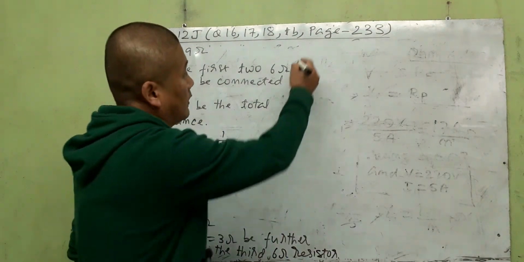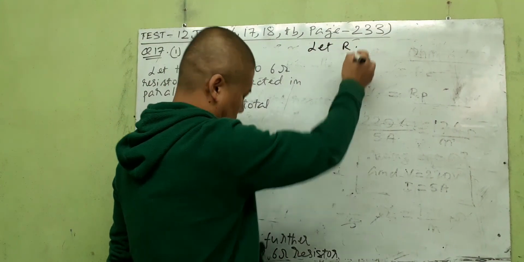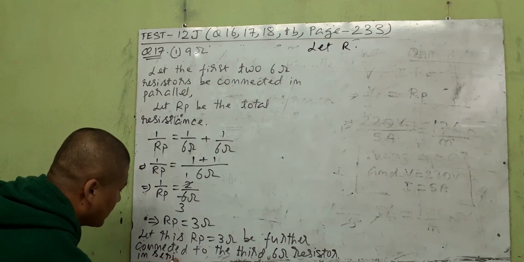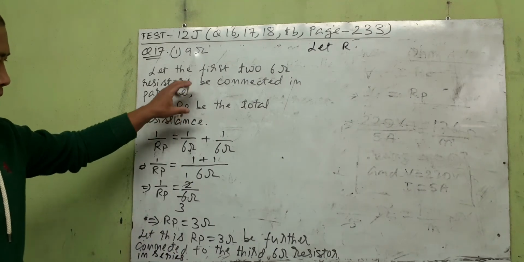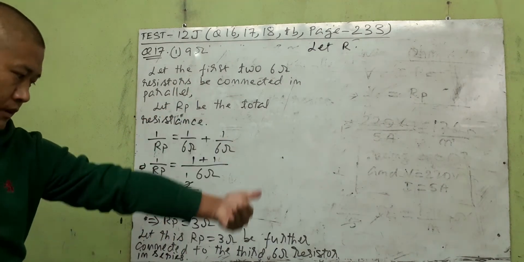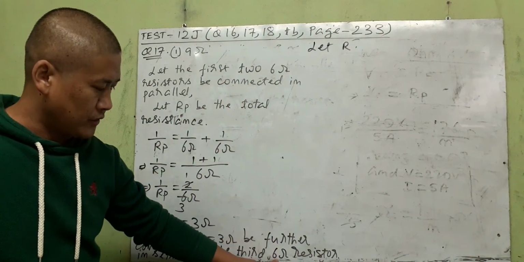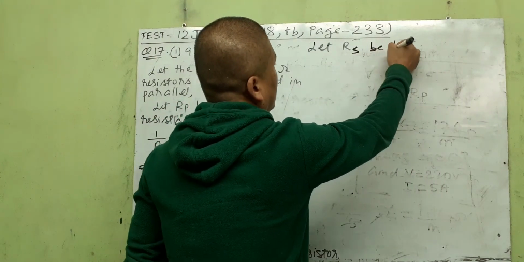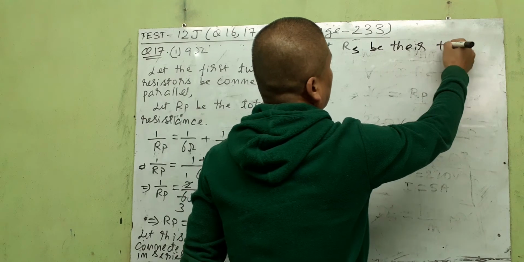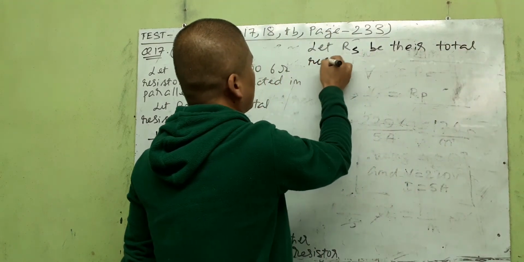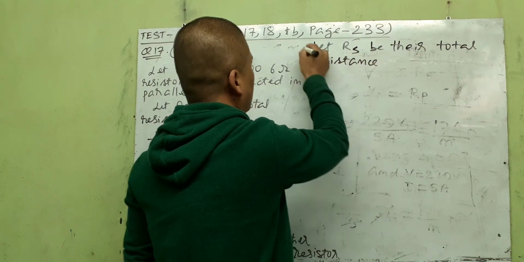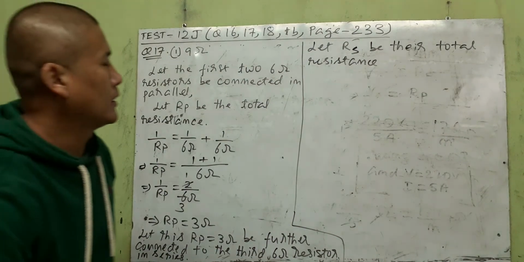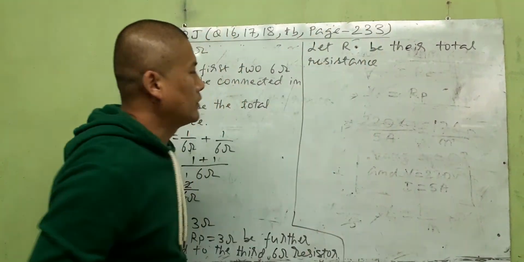Now they are in series, so these two combine in total. Their total is now connected to the third 6 ohm resistor in series. So if it is series, let RS, or you can simply say R, be the total resistance value, which we have to calculate.